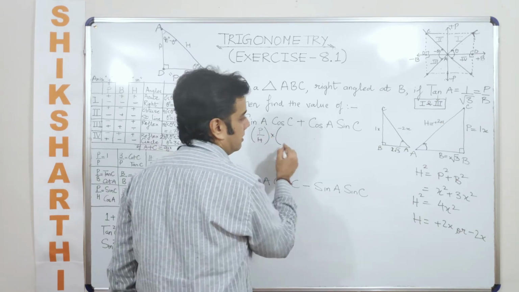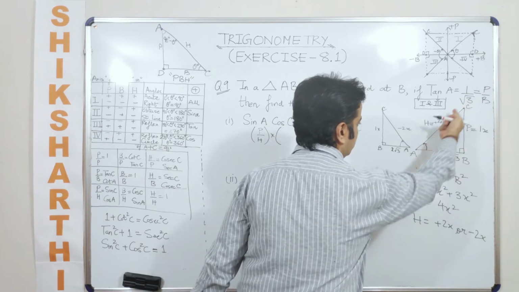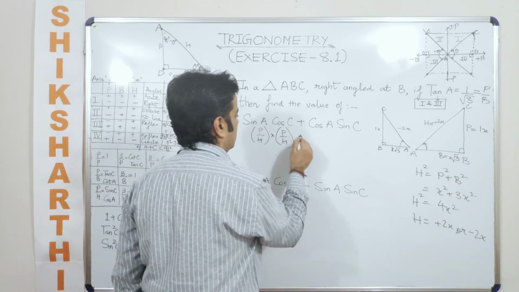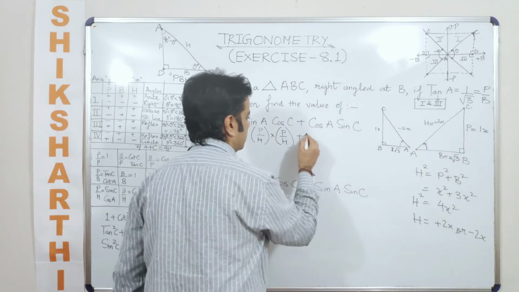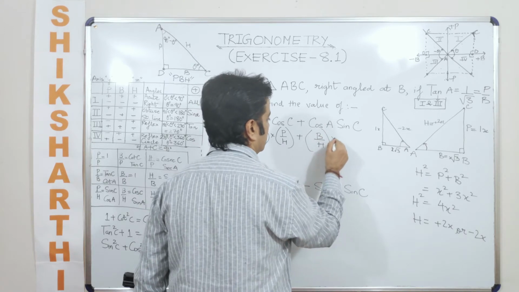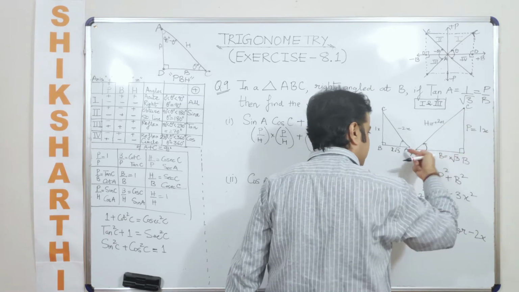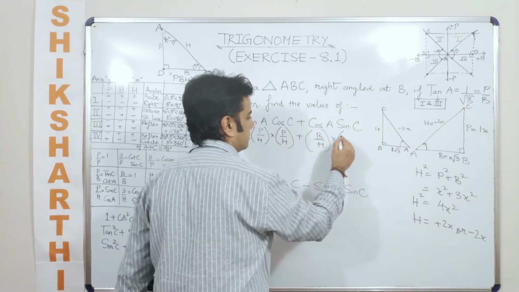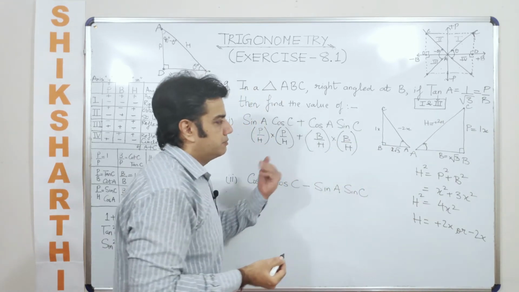multiplied by cos C. Cos C is base upon hypotenuse, plus cos A, base upon hypotenuse, into sin C, perpendicular upon the hypotenuse, and then we can always substitute the values.